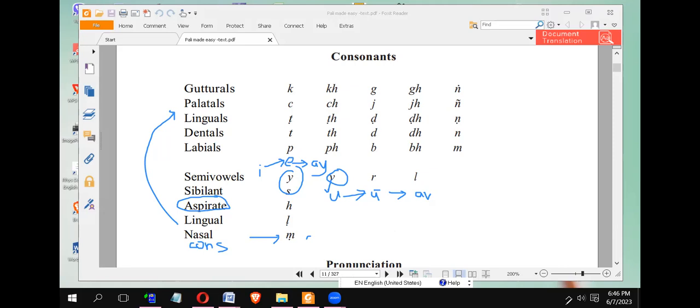Can I try? Okay, you try. Or from guttural? Maybe start from the A, from the vowel. Yes, from the vowel.